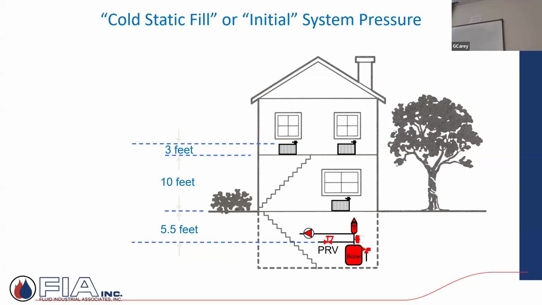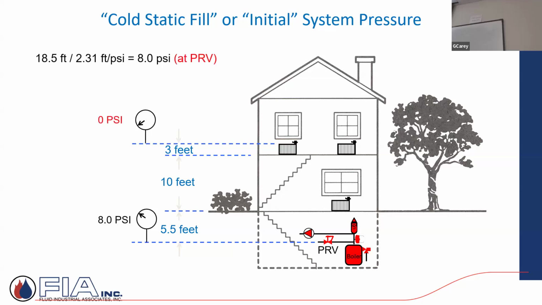You put some numbers to it and you say, do the math. 18.5, 3, 13, 15, 18. 18 and a half divided by, to convert to PSI, I need 8 pounds set at the PRV valve.